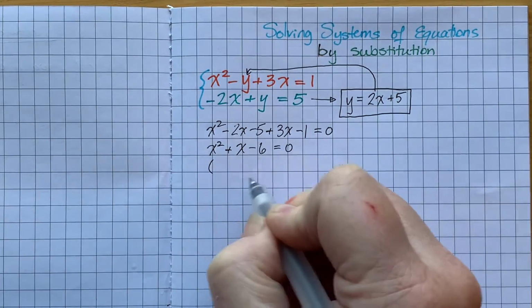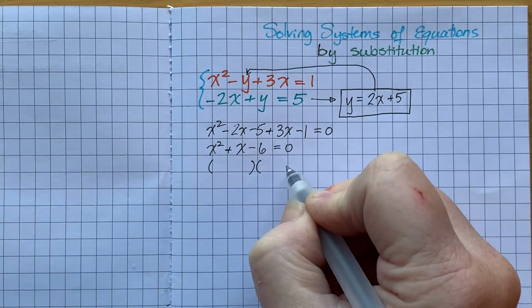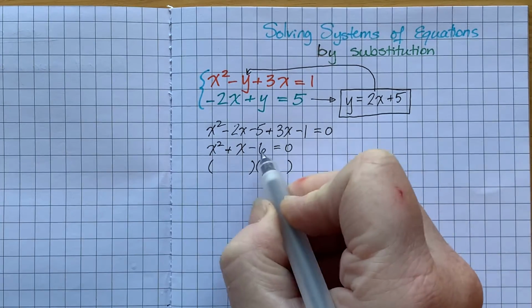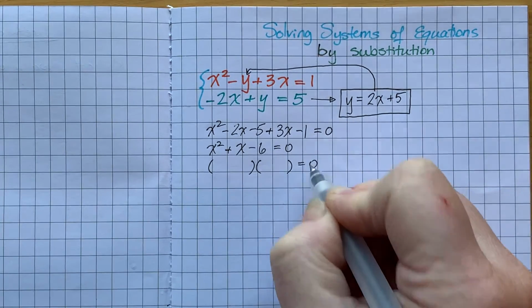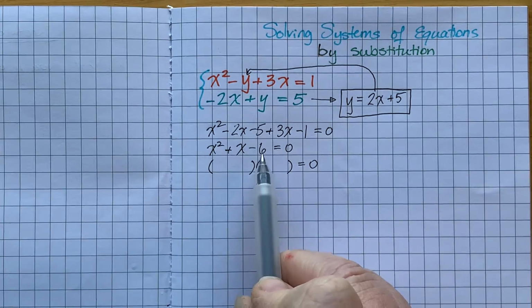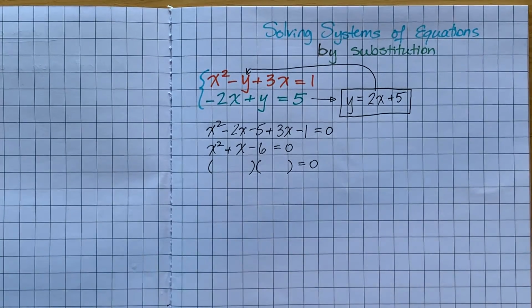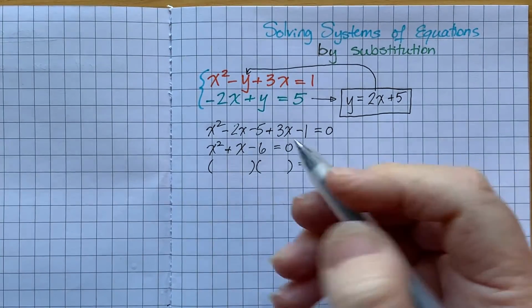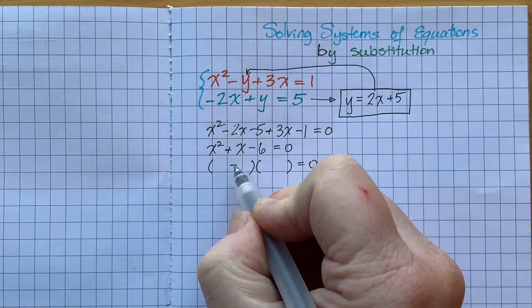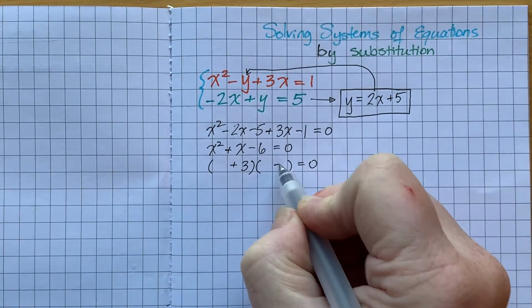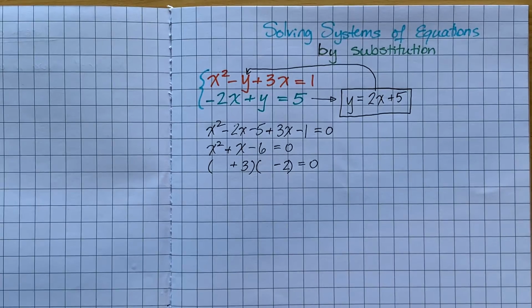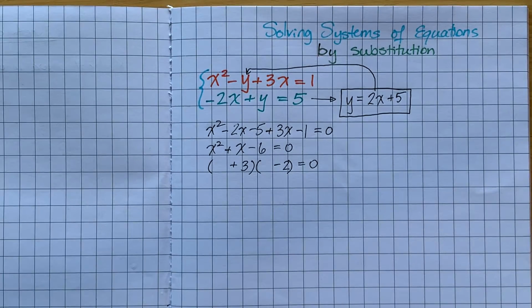I can think of two numbers right away that are going to multiply to negative 6, and they're going to add up to be positive 1. So those numbers are going to be positive 3 and negative 2. If you need a little bit of a brush up on the factoring, go ahead and do that.